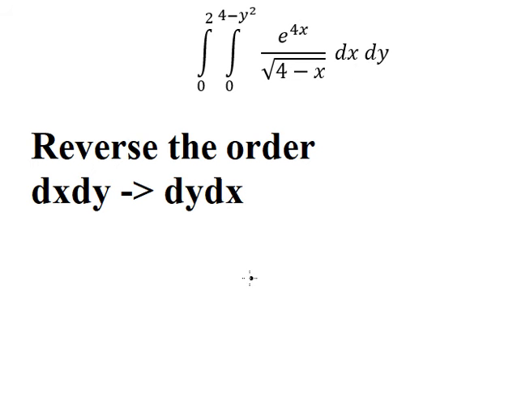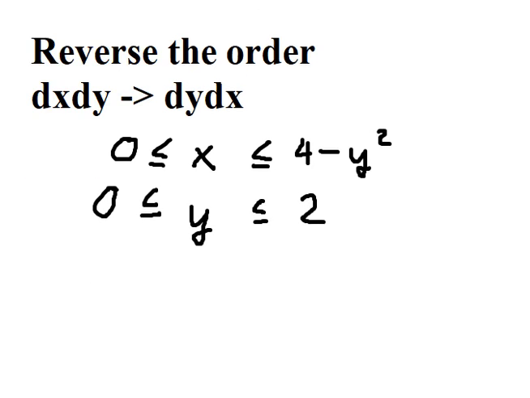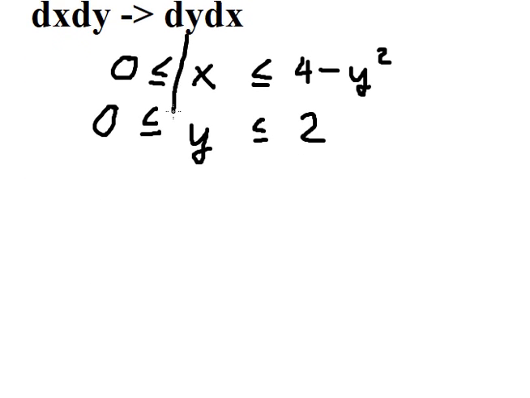About dx, x is greater than or equal to number 0 and smaller than or equal to 4 minus y squared. About dy, y is greater than or equal to number 0 and smaller than or equal to number 2. Now we need to graph this one.